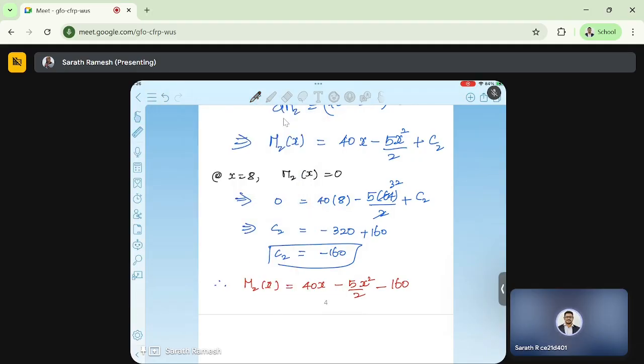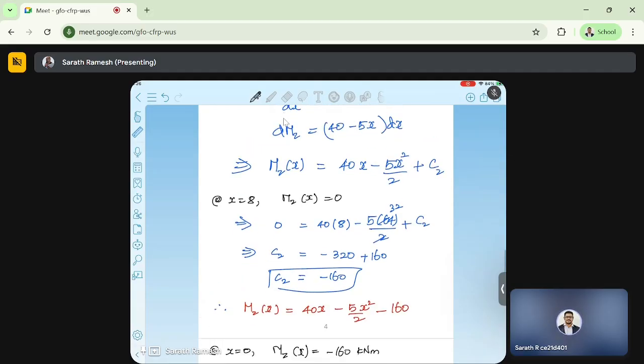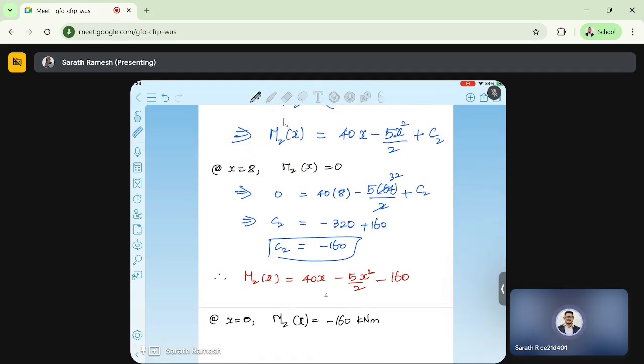Support is at x equal to 0. mz of x will be minus 160, right? Kilonewton meter, because load was in kilonewton and everything else is in meters. So I'm using kilonewton meters.